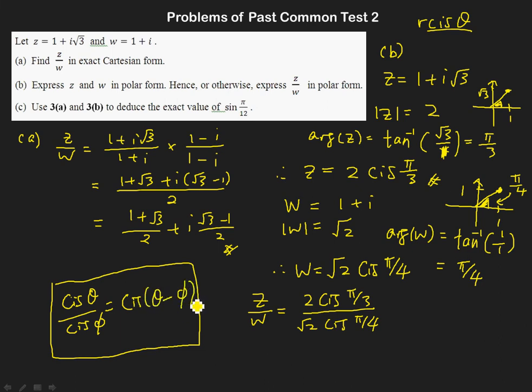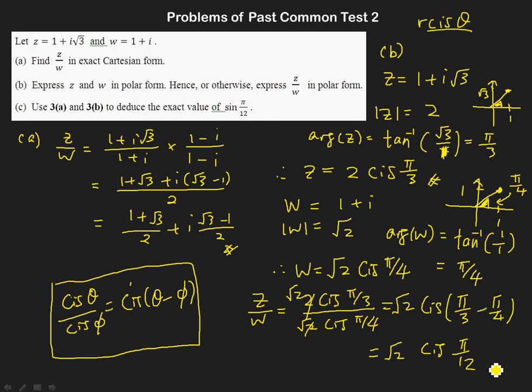So we're going to use this property, and this is square root of 2 cis of pi over 3 minus pi over 4, and this is square root of 2 cis pi over 12.